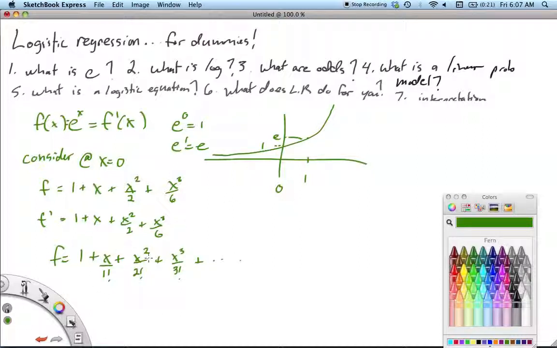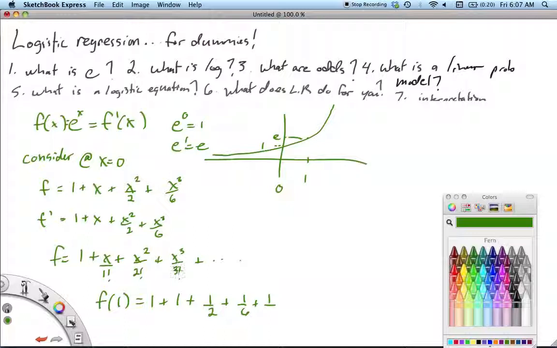And so, a lot of the time, you'll see, well, e is the base of the natural logarithm, and it's equal to 2.71828, blah, blah, blah. Well, where that comes from is if we evaluate f of 1, meaning if we let x equal 1, we get 1 plus 1 plus 1 over 2 plus 1 over 6 plus 1 over 4 factorial.